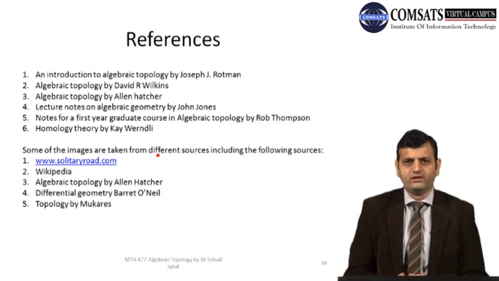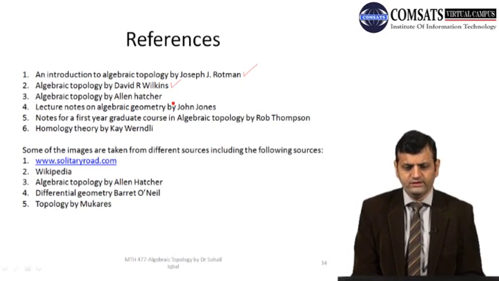Last but not least, we have references. Mainly we have been following the first reference, An Introduction to Algebraic Topology by Joseph J. Rotman, and secondly these lecture notes as well, and thirdly the book Algebraic Topology by Allen Hatcher.